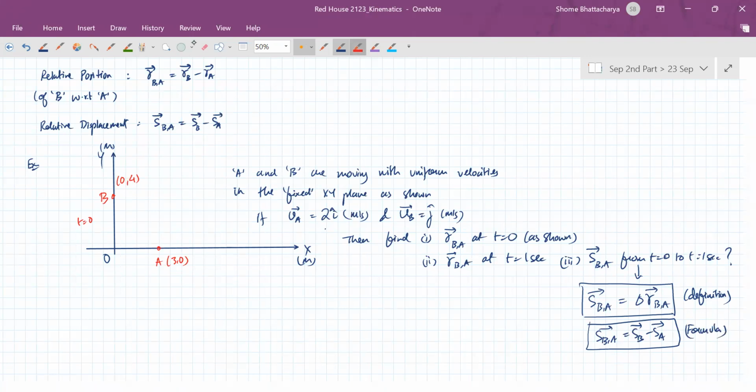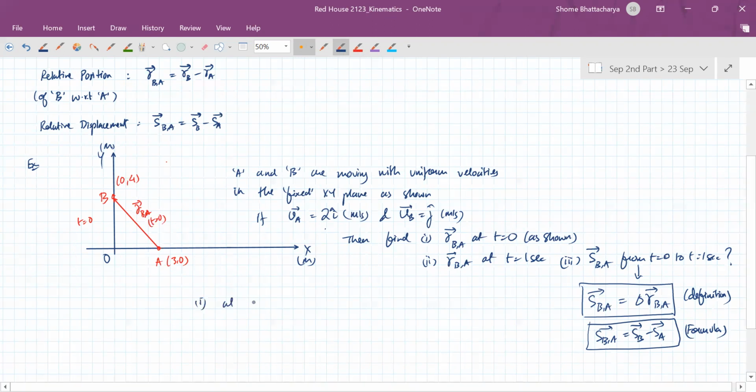So anyway, you can see in the diagram that initially the position of B with respect to A is this vector. And this is the position vector of B with respect to the origin minus the position of A. So this is our R of B with respect to A, at t equal to 0.